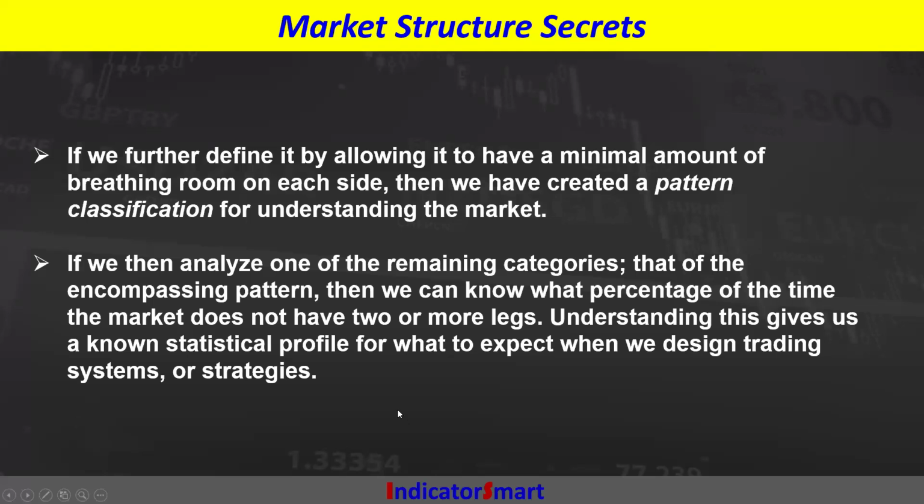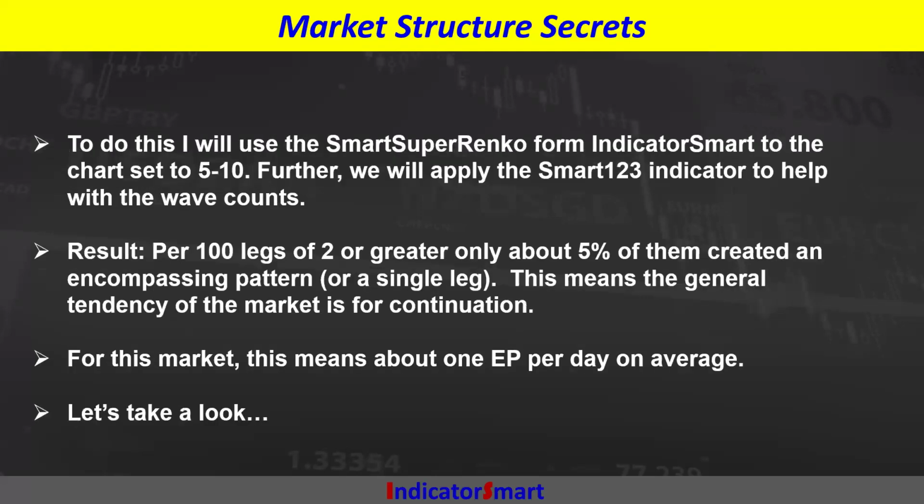The market rarely does not have at least two legs. So this is super important for where you trade and how you trade, at a really high probability level. Understanding this gives us a known statistical profile for what to expect when we design trading systems or strategies, etc.